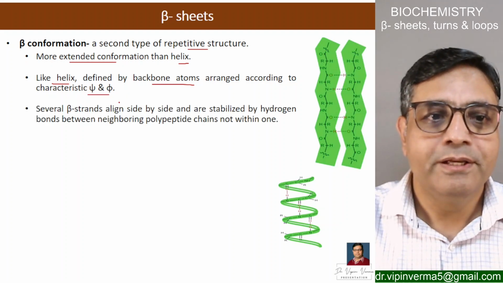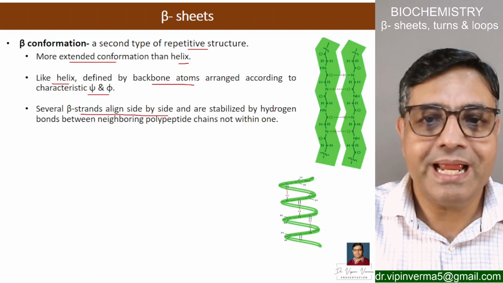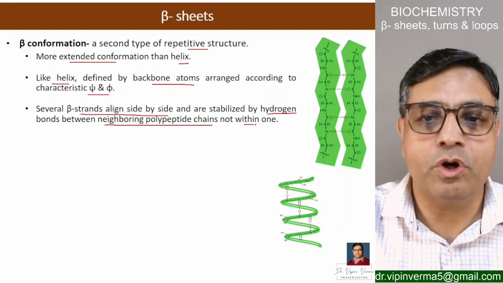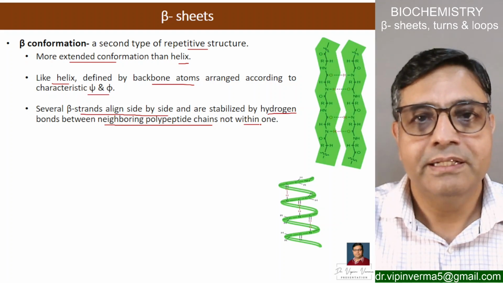Several beta strands align side by side and they are stabilized by the hydrogen bonds between the neighboring polypeptide chains, not within one. Now, this is a really very important difference between the helix and the sheet.